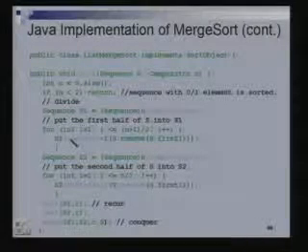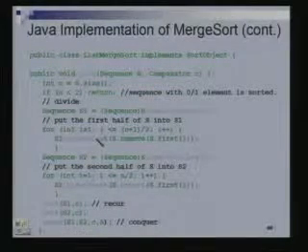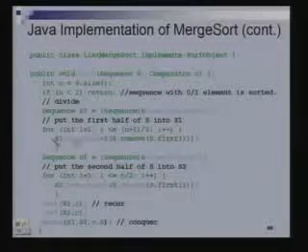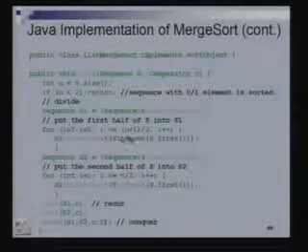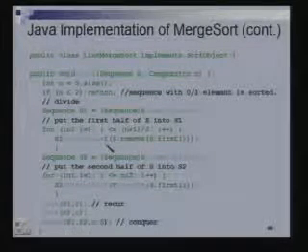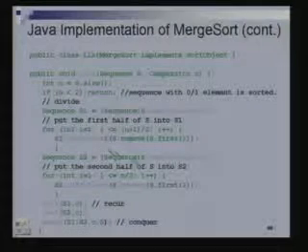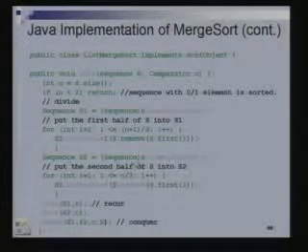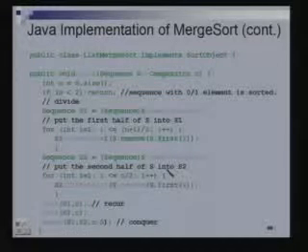Let's say we have an operation called insert last, which will insert an element into the sequence S1. This is a method on the sequence data type. Similarly, we create a new sequence called S2, and we put the second half of S into S2.